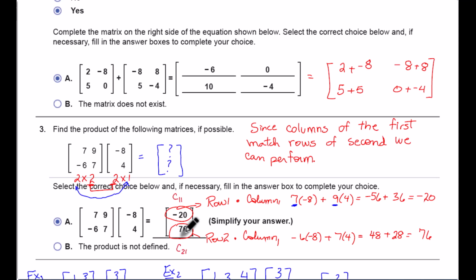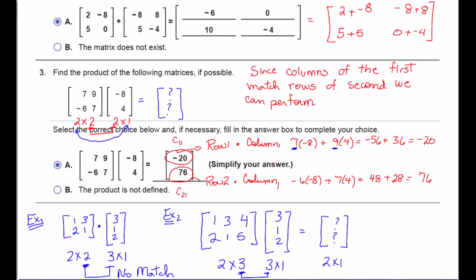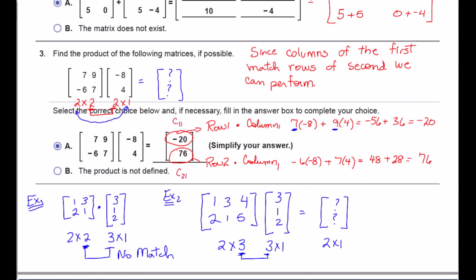So again, I am looking at what I am going to get, and then I match up what row and column is going to give me that thing. All right, what about looking at example 1 here? The first matrix is 2 by 2.